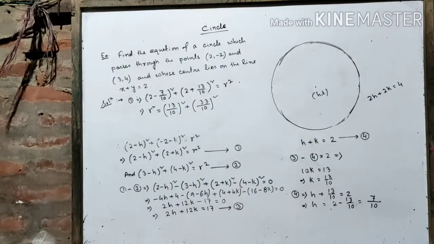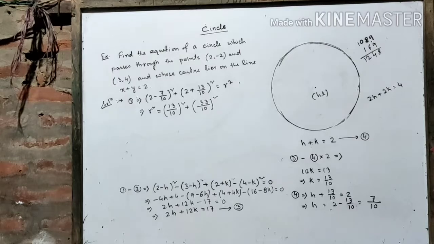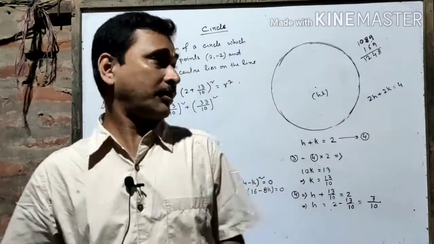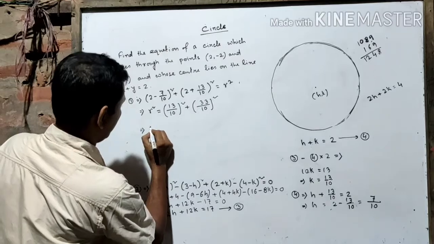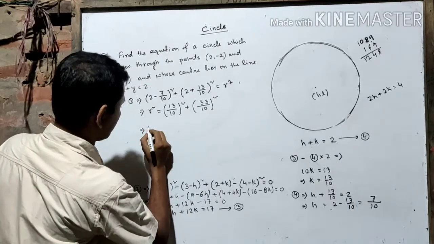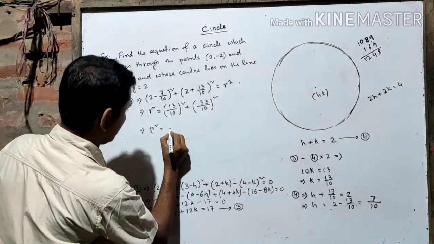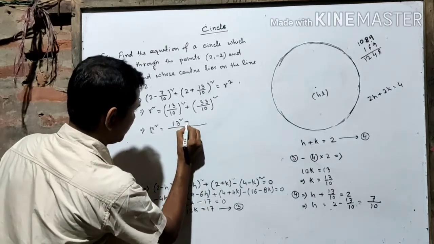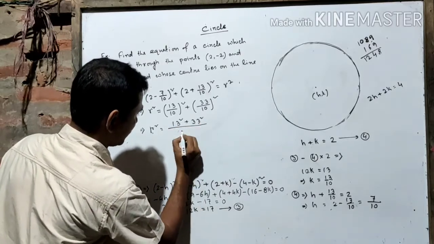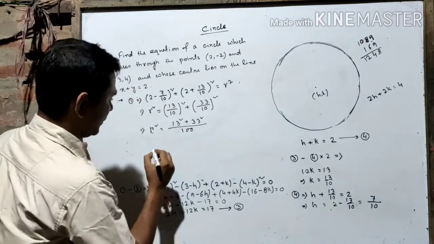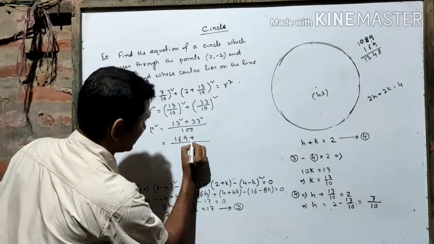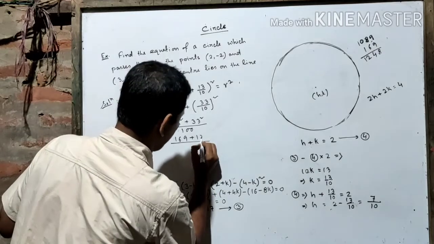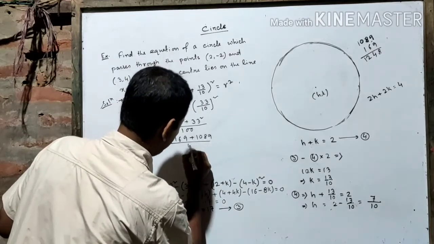We will simplify it. So r square is equal to 13 square plus 33 square by 10 square, that is 100. Now 13 square is 169 and 33 square is 1089, divided by 100.